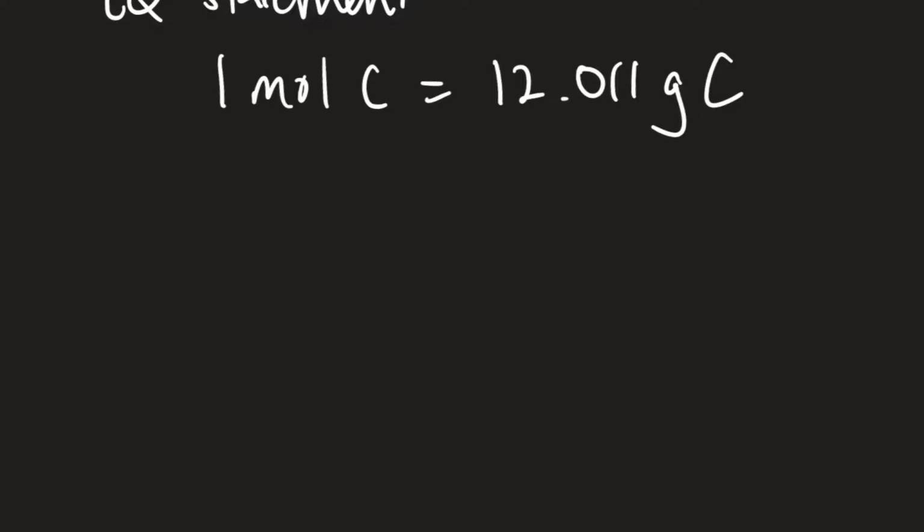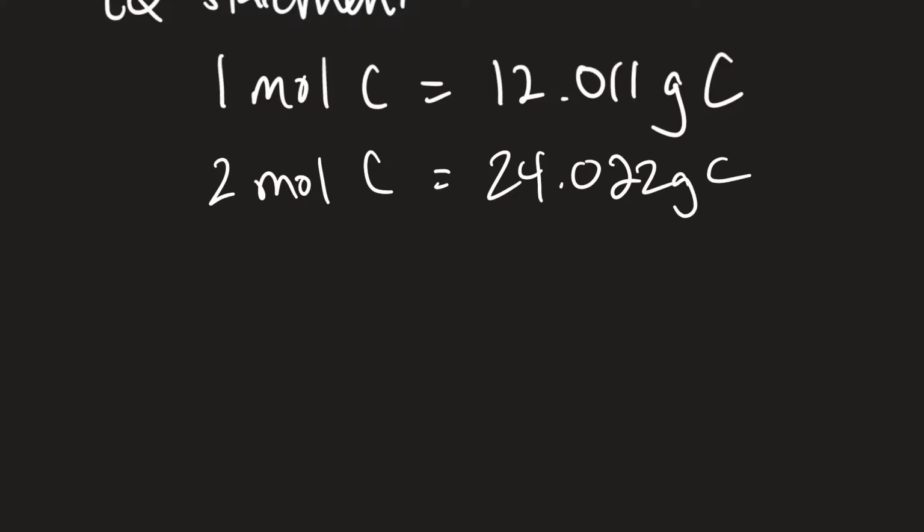Well, let's just say if you had 2 moles of carbon, what would be the mass? If 1 mole of carbon is 12.011 grams, then obviously if you have 2 moles of carbon, it will be 24.022 grams of carbon. What about if you had 3 moles of carbon? What would be its mass?